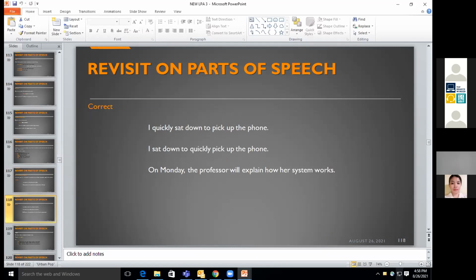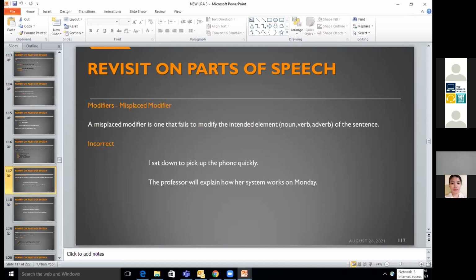On Monday, comma, the professor will explain how our system works. But if you look at this, because we're Filipino, we understand what it is, right? I sat down to pick up the phone quickly. But it's a misplaced modifier if you think about it literally. Okay. The professor will explain how our system works on Monday.